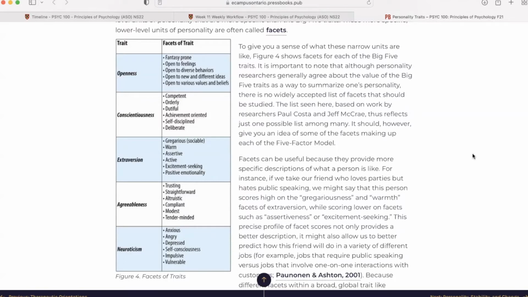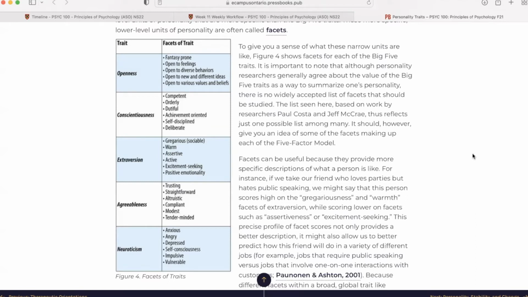Trait extraversion: gregarious, which is sociable, warm, assertive, active, excitement seeking, positive emotionality. Trait agreeableness: trusting, straightforward, altruistic, compliant, modest, tender minded. And neuroticism trait. Facets: anxious, angry, depressed, self consciousness, impulsive, vulnerable.